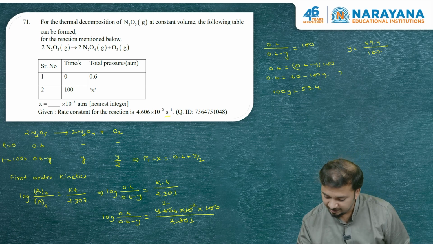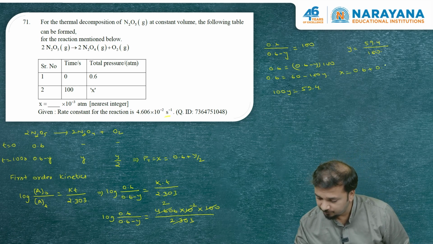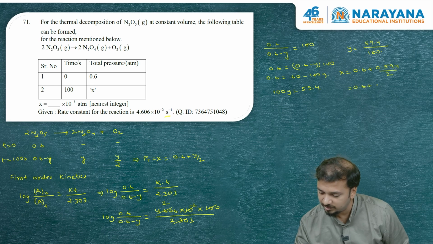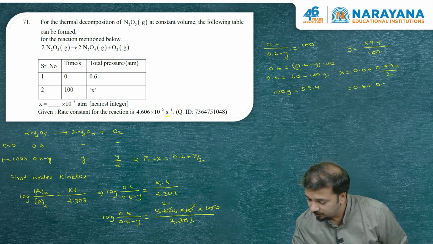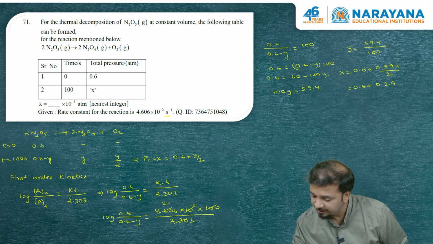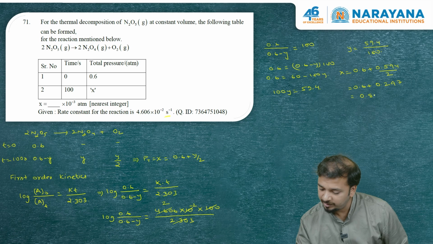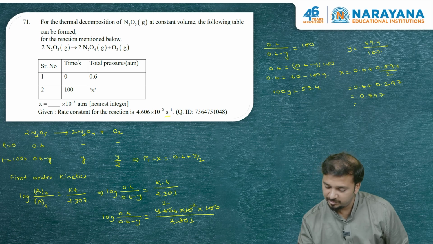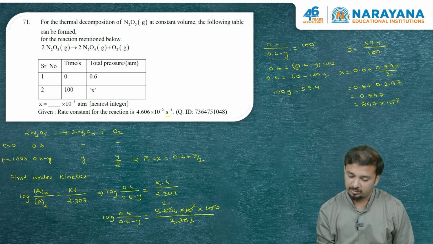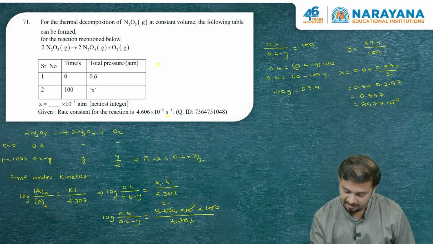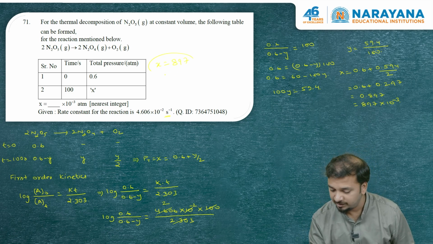X they are asking, so X will be equal to 0.6 plus 0.594 divided by 2. So it is 0.6 plus 0.297. So 0.6 plus 0.297 will be 0.897, which is equal to 897 into 10 raised to the power minus 3. So X in this case will be equal to 897.